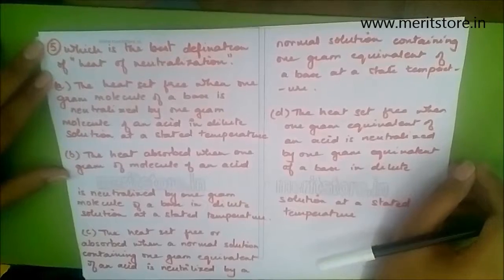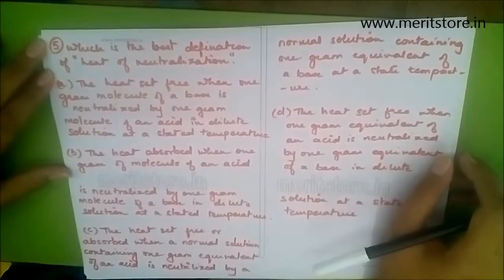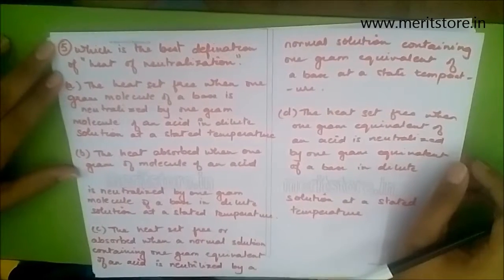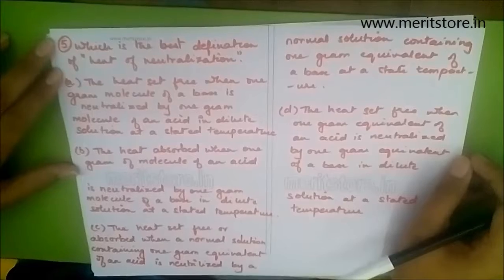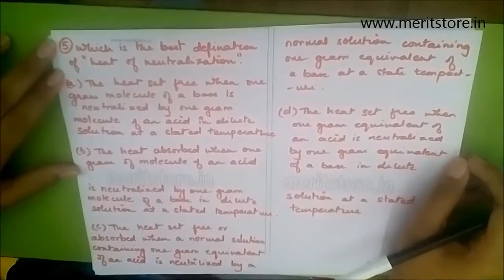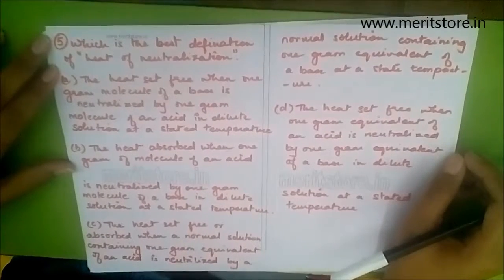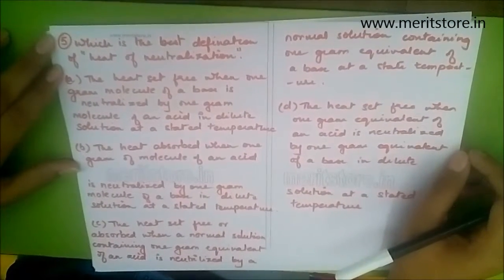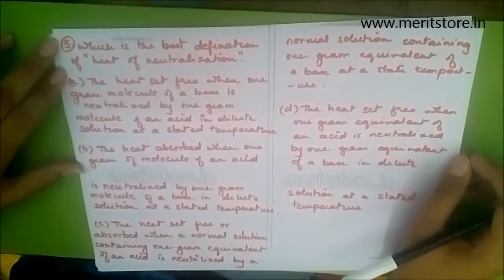Which is the best definition of heat of neutralization? Option A, the heat set free when 1 gram molecule of base is neutralized by 1 gram molecule of an acid in dilute solution at stated temperature. B, the heat absorbed when 1 gram molecule of an acid is neutralized by 1 gram molecule of a base in dilute solution at stated temperature.